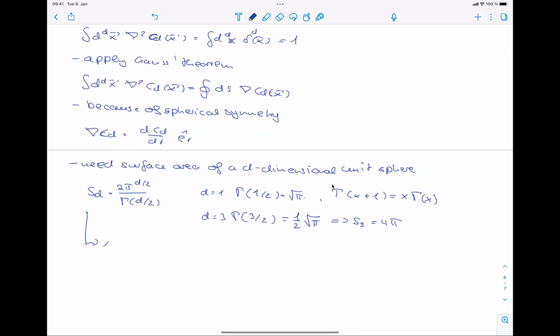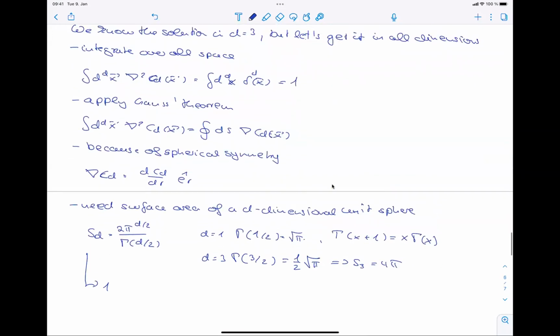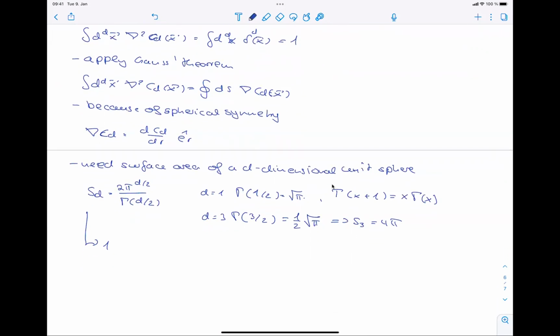Okay, so then if we plug this back in to this expression, we move the one on the left hand side to the right hand side, and the other to the left hand side. And that's then S_d r^(d-1) dC/dr, which we can rearrange to be 1 over S_d r^(d-1).